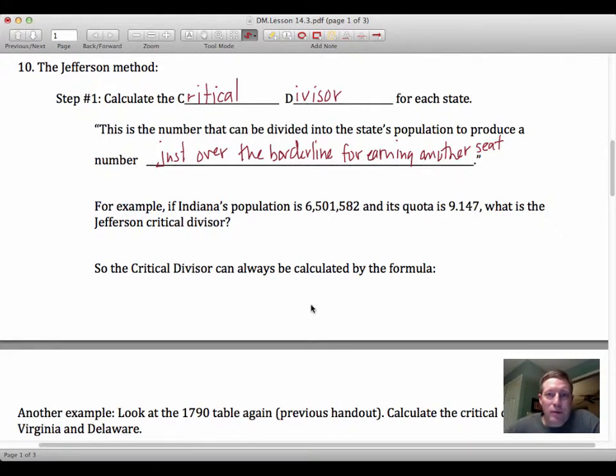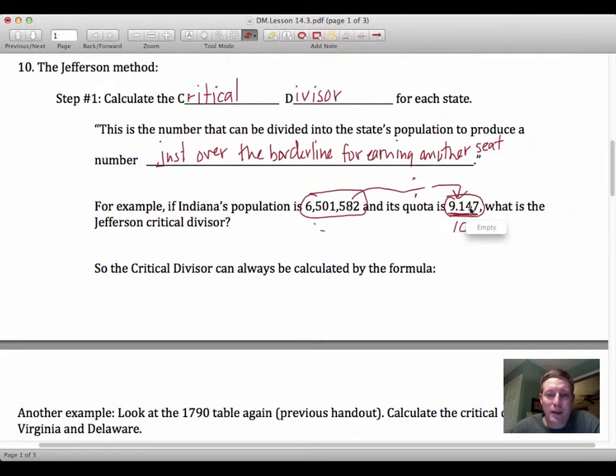So this is what I was just doing twice for you in 1790. But we could even bump it up to 2010. Indiana's population in 2010 was 6,501,582. The quota for 2010 was 9.147. So the critical divisor for Indiana would be to take the population of Indiana and divide by the number of seats they're trying to earn.